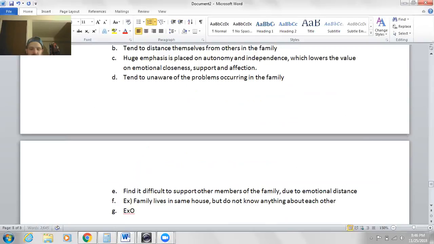They stay out of each other's business and just kind of cohabitate. And another is two family members have a conflict but do not talk about it.